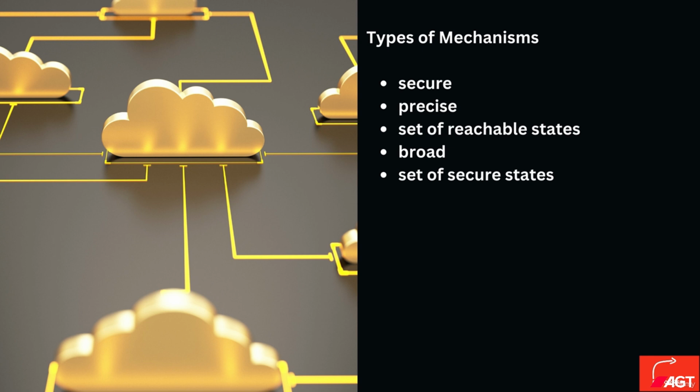Mechanisms based on the set of reachable states are intended to reduce the number of states that an attacker can reach, while mechanisms based on the set of secure states are intended to ensure that the system remains secure. Organizations may select the best security measures to safeguard their cloud resources from security risks by understanding the many sorts of mechanisms that are accessible.